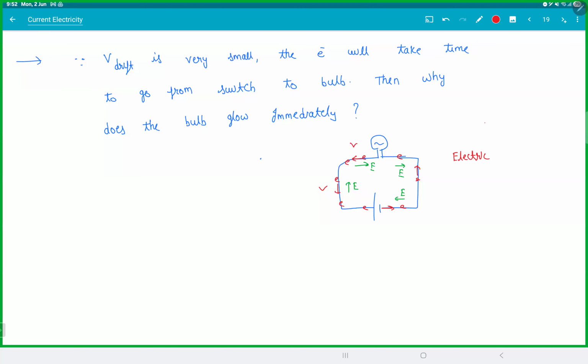This will actually be a small delay. Electric field travels almost at the speed of light. So if the wire is really long, it takes time for the current to establish.